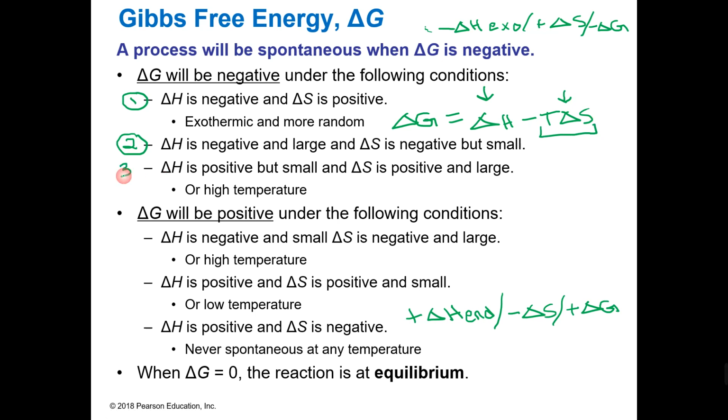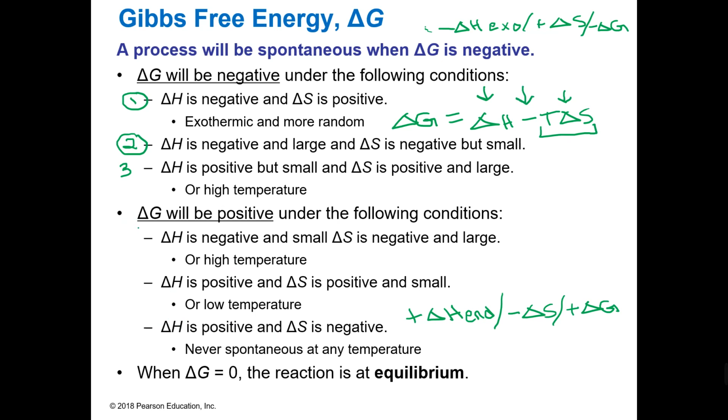Delta H is positive but small, and delta S is positive and very large. Okay, because again, subtraction sign here, right? All right, delta G will be negative under these conditions.